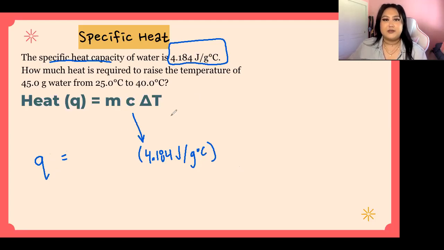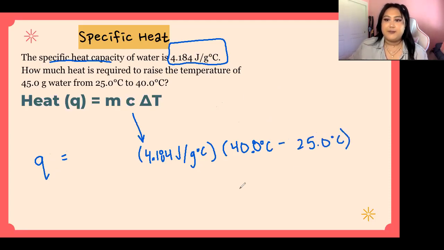What can we plug in? You can find the delta T by doing 40 minus 25. Yeah, perfect: 40 degrees Celsius minus 25 degrees Celsius. And then one last thing that we need: we can do M, for 45 grams.